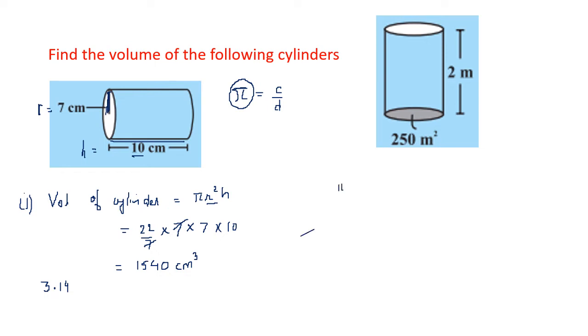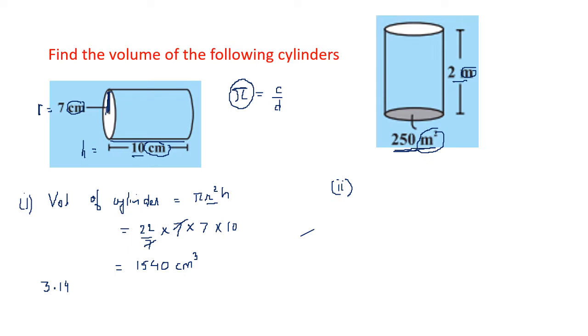Now the second question. The height is given as 2 meters and the area of the base is given as 250 meters square. Since both of them are in meter, like here both were in centimeter, there is no conversion needed.